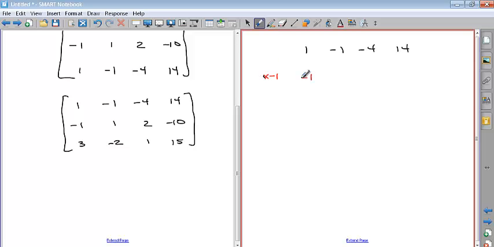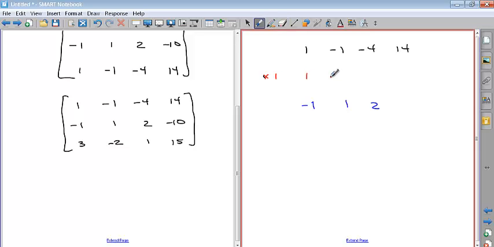I'm going to multiply by negative 1. So I'll get negative 1 plus 1 plus 4 minus 14. I'll add that to the original second row. Oh, and I should have multiplied by 1, which actually doesn't change it, so I probably don't even need to do that. But I'll include it because a lot of times you do have to multiply it.